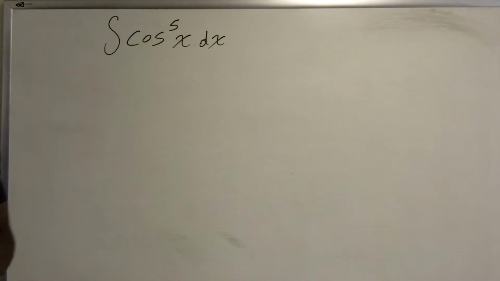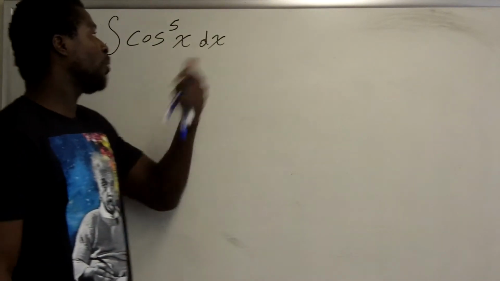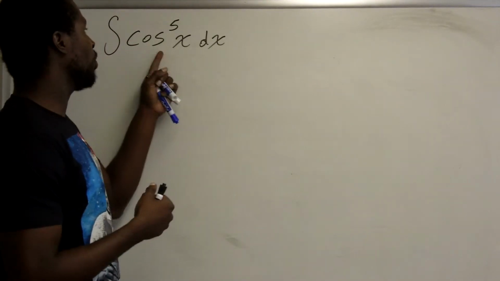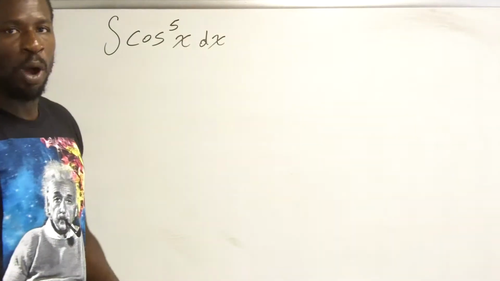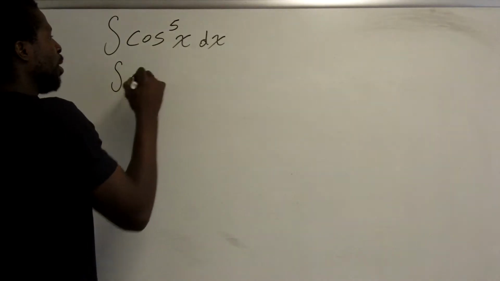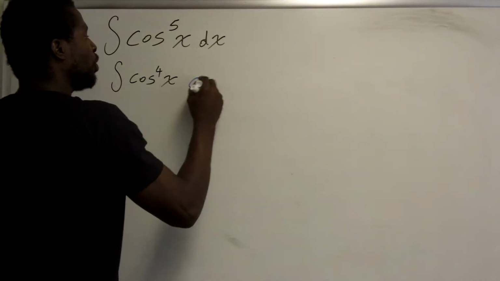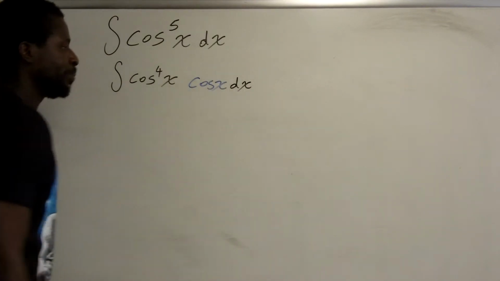So you identify which one of the trig functions has an odd power. Since it's only cosine and it has an odd power, that's what I'm going to isolate. I'm going to isolate one factor of cosine, by making this cosine to the 4th of x times the cosine of x dx. Well, that's great.